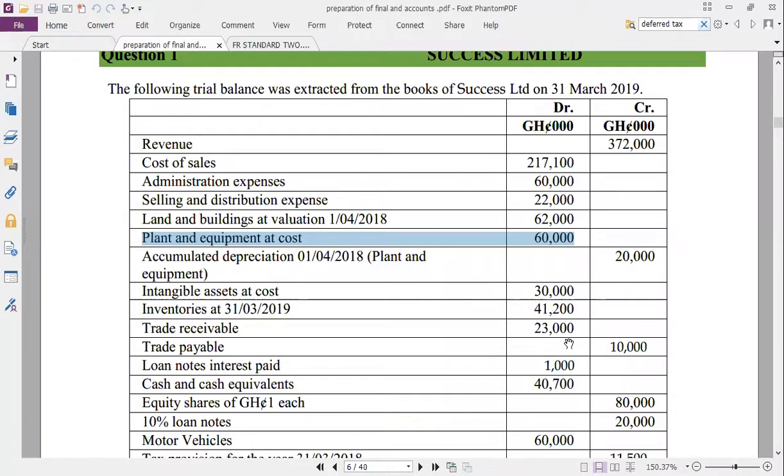Great. The cost is 60,000. Now the accumulated depreciation is 20,000. So depreciation is at the rate of 20%. If there are no other notes, how do you calculate depreciation for the plant?